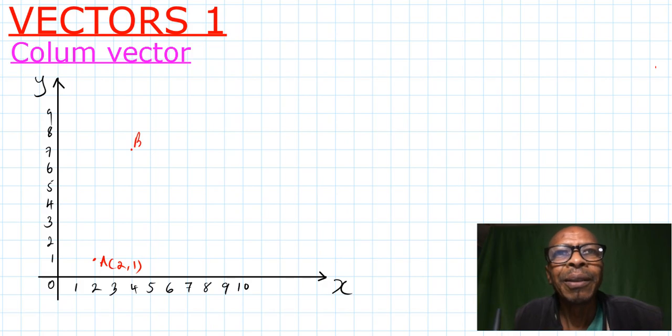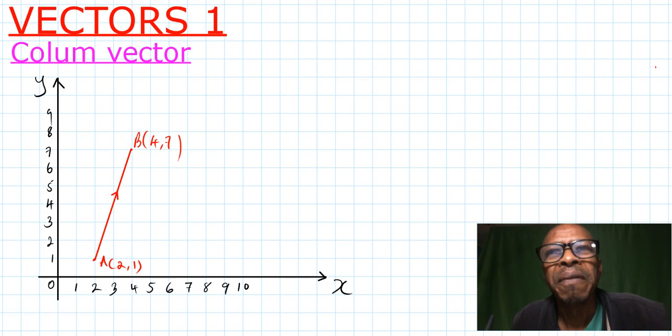That is where we have our B, 4 and 7. You join the 2 points to come up with a vector. And when you have a vector, we said you must always indicate the direction. A vector has a direction and magnitude. So we want to get the column vector AB.